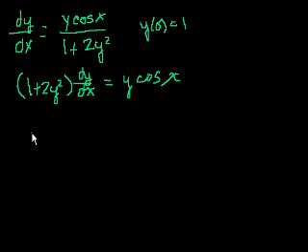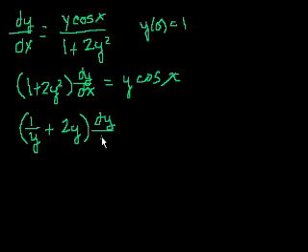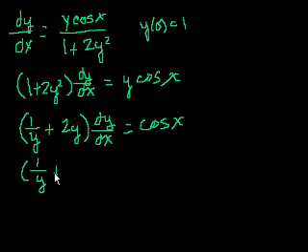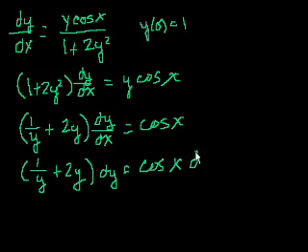We get 1 over y plus 2y squared divided by y, that's just 2y, times dy dx is equal to cosine of x. I can just multiply both sides by dx. 1 over y plus 2y times dy is equal to cosine of x dx.